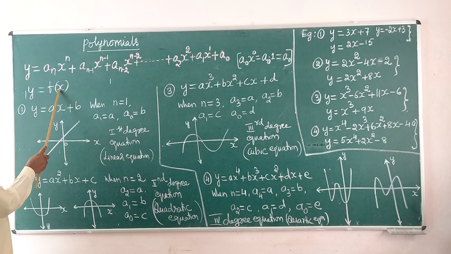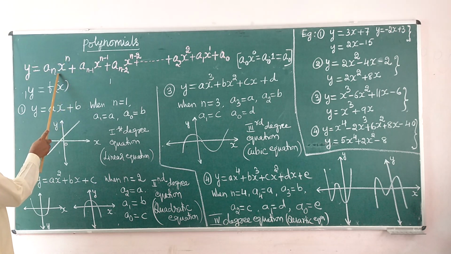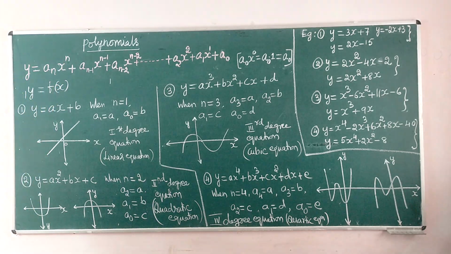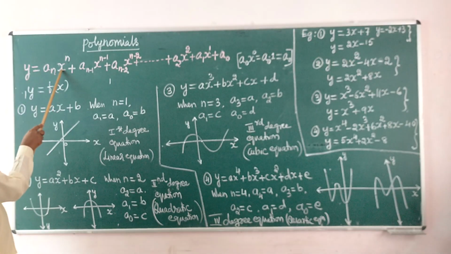Let us understand clearly the polynomials term by term. What is the first term? a_n into x to the power of n, the product of a_n and x to the power of n. What are these values? X is a variable.